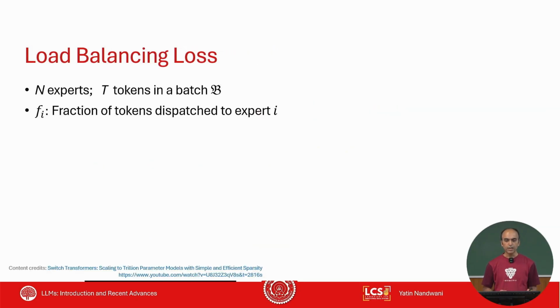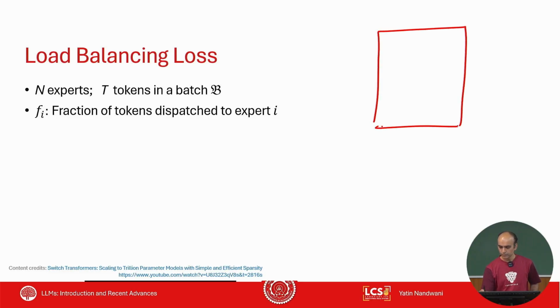We can quickly look at one specific design which was used in the Switch Transformer paper. So the idea is very simple. Let's say we have expert 1 to expert n and token 1 to token t in the batch, right? Now let us count how many tokens are getting routed to each expert, right?